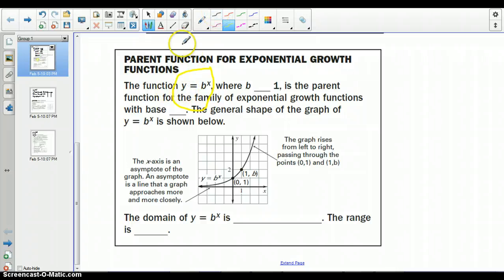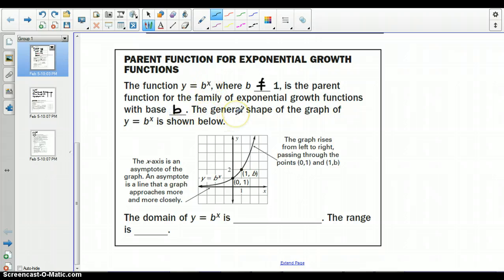So the function y equals b to the x, where b is not 1, is the parent function for the family of exponential growth functions with a base of b. So b is the base.